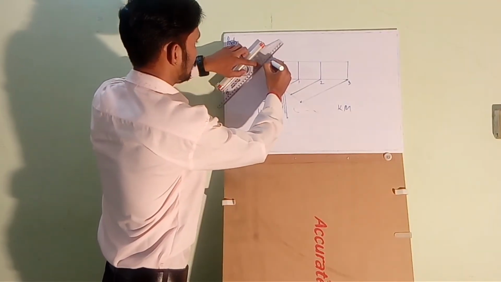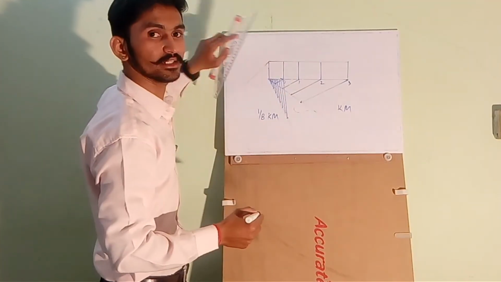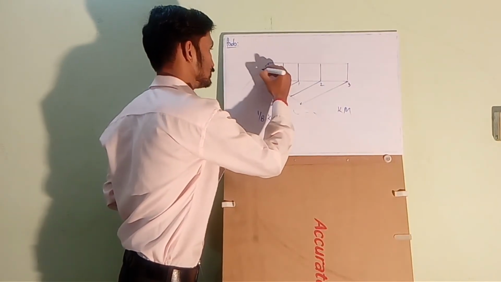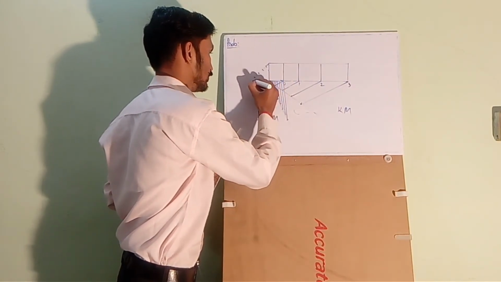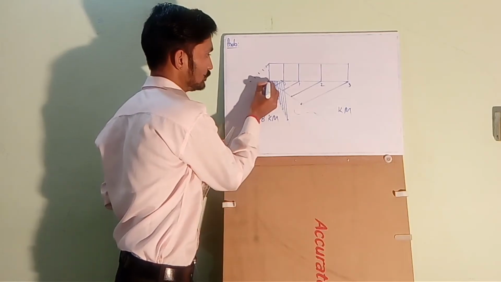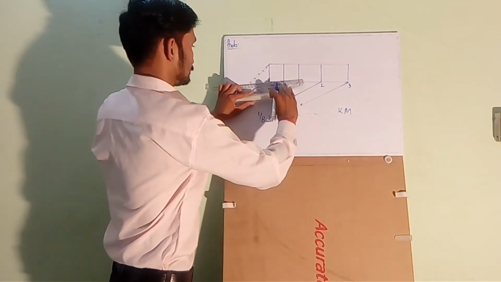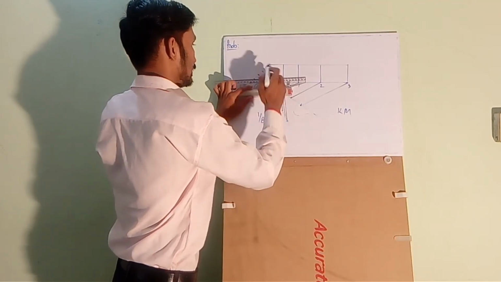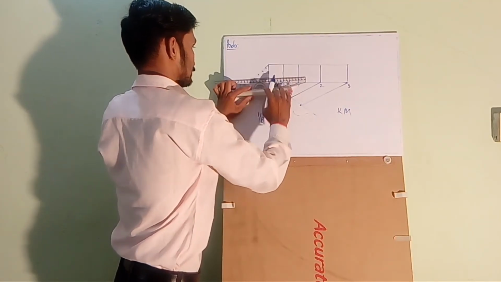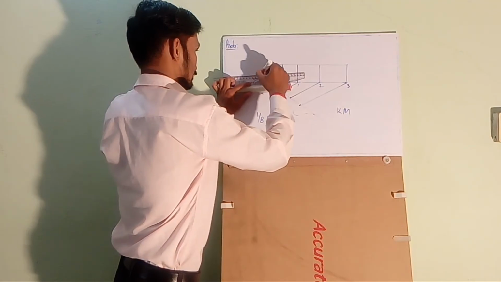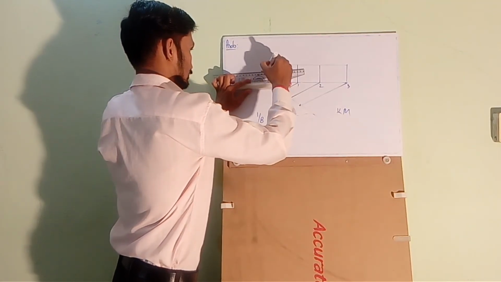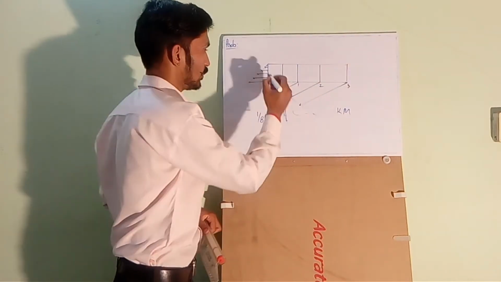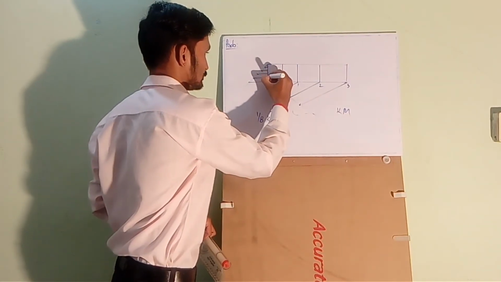The procedure is the same. Take a point, draw a line, divide this line into 5 equal parts: 1, 2, 3, 4 and 5. Join this point to this point, and then draw parallel lines from each point. Now draw a horizontal line from each of these points.